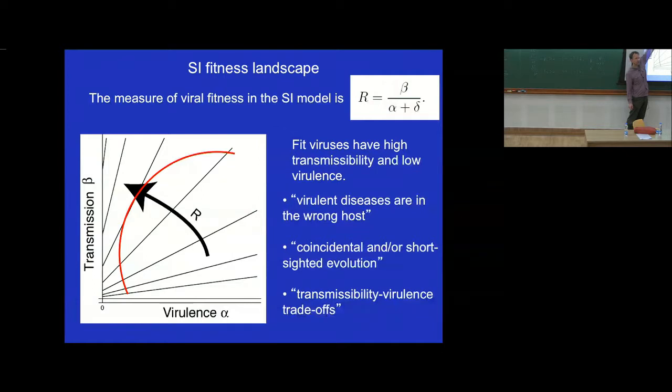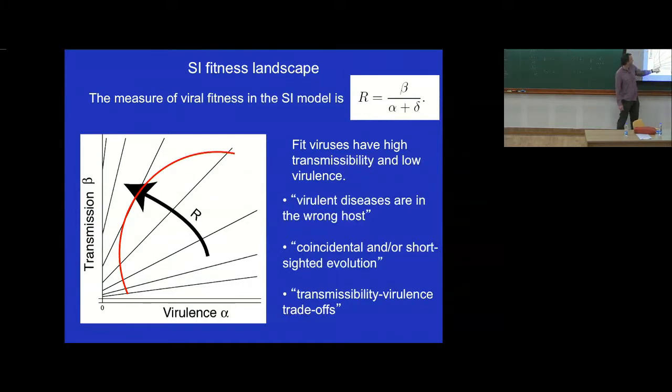However, to achieve high transmissibility, you may be forced to be somewhat virulent, because you have to make the host cough and produce lots of viruses to be transmissive. So there might be a line due to the within-host effects, and the virus is constrained to lie on this line. If the virus tries to increase its transmissibility above a certain amount, the virulence gets too high and it actually costs the virus.